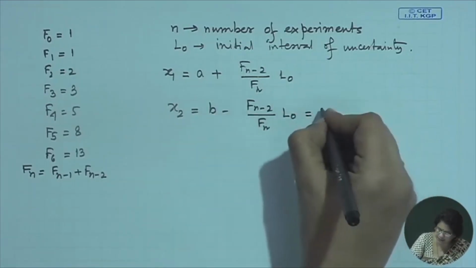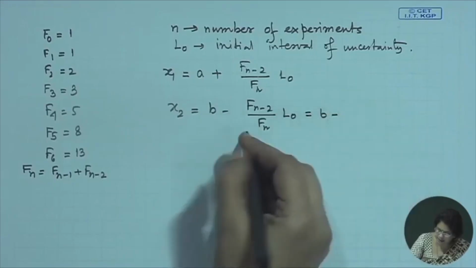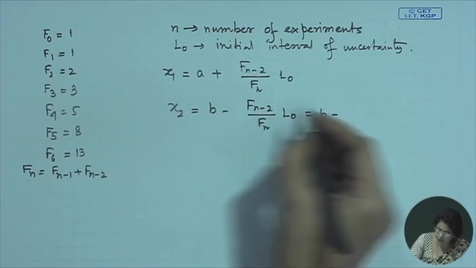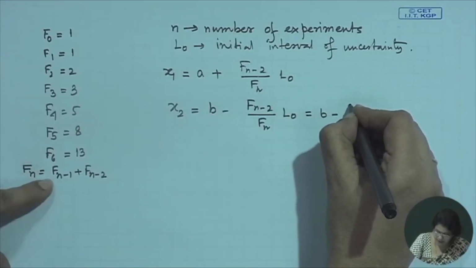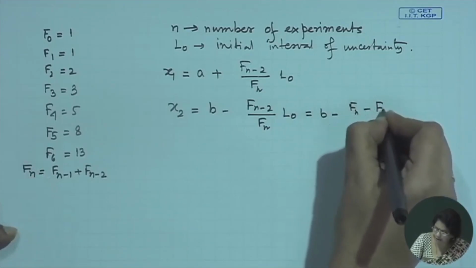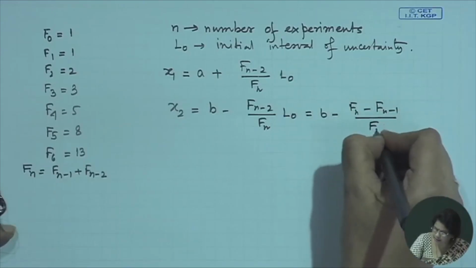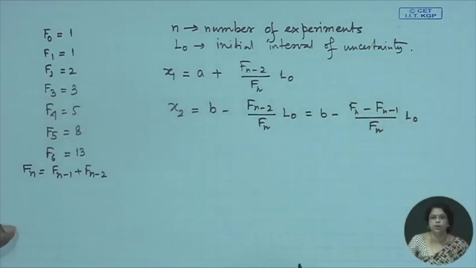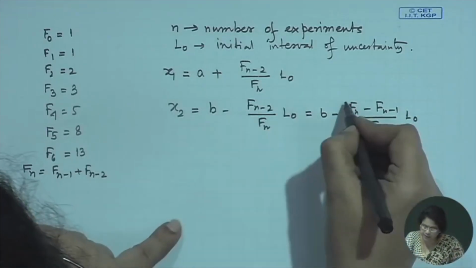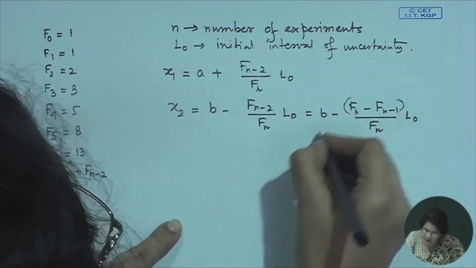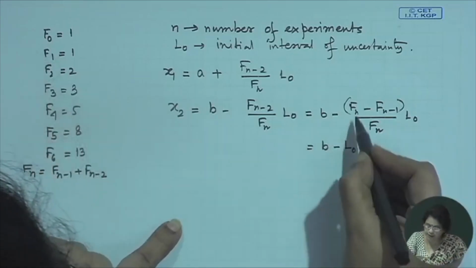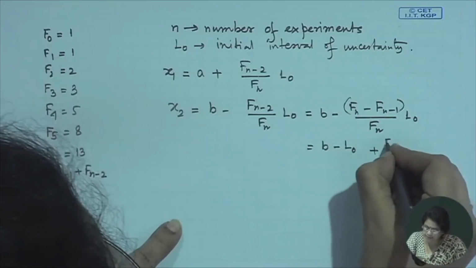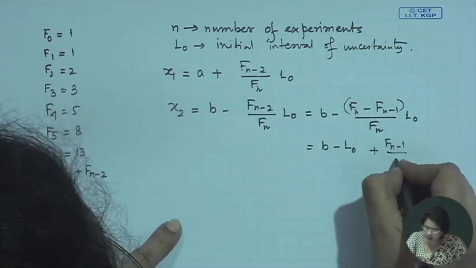Just see, b minus Fn minus 2 can be written as Fn minus Fn minus 1 divided by Fn L naught, because we know that Fn is equal to Fn minus 1 plus Fn minus 2. I am just substituting this value. That is why from here we are getting b minus L naught plus Fn minus 1 by Fn L naught.